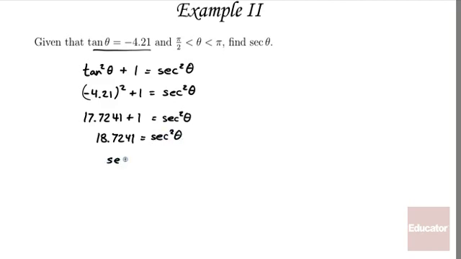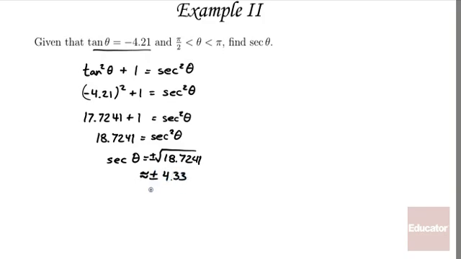And so if I take the square root of both sides, I get secant theta is equal to plus or minus the square root of 18.7241. And again, I'm going to do that square root on the calculator, and I get approximately 4.33.